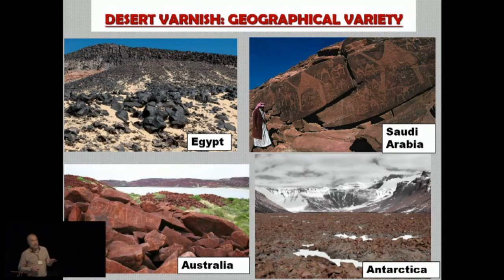For the first time, it was described by Humboldt in Colombia, in a quite moist environment. But mostly we find them in the deserts, both hot deserts and also the cold and dry deserts of the Antarctic valleys.